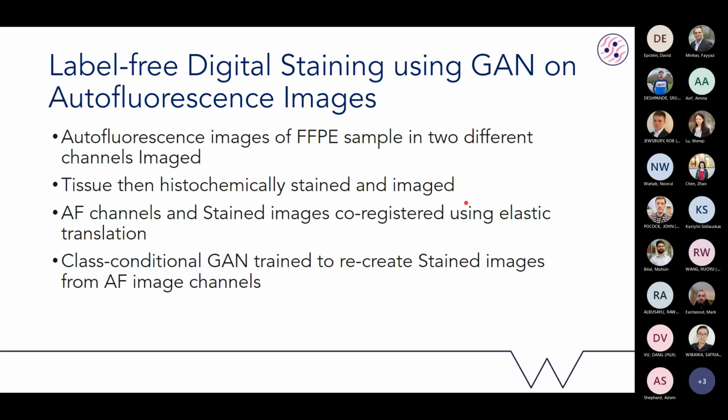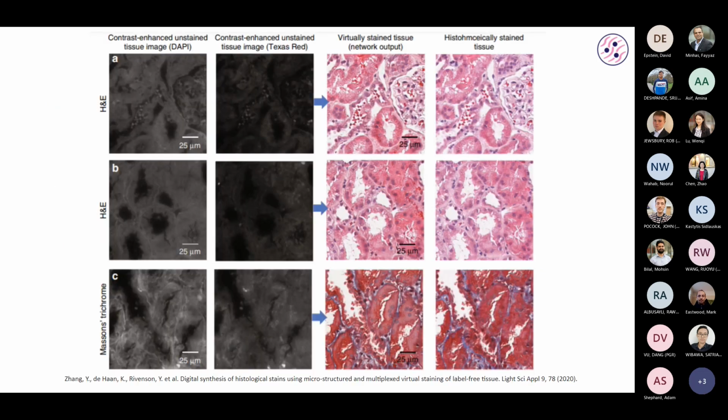And then they've gone and taken that tissue, histochemically stained them, imaged them, registered those two different channels and the stained images using an elastic translation-based method, and then trained a conditional GAN to basically recreate the stained images from the autofluorescence images, and they get, again, some really, really interesting results.